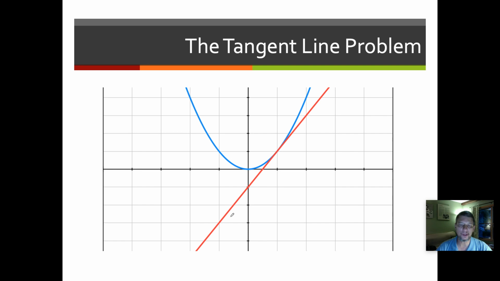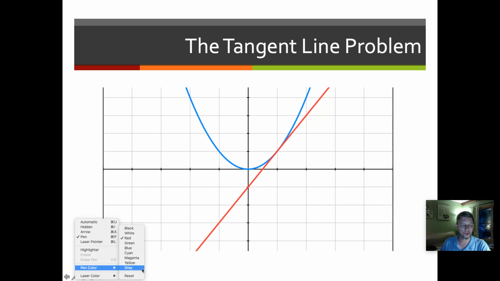Now, if you look at this line, you should, right off the bat, be able to tell that it has a slope of 2. How do I know that? Well, I can do this in a couple of different ways, but the easiest way is to, let's do green ink, choose 2 points.